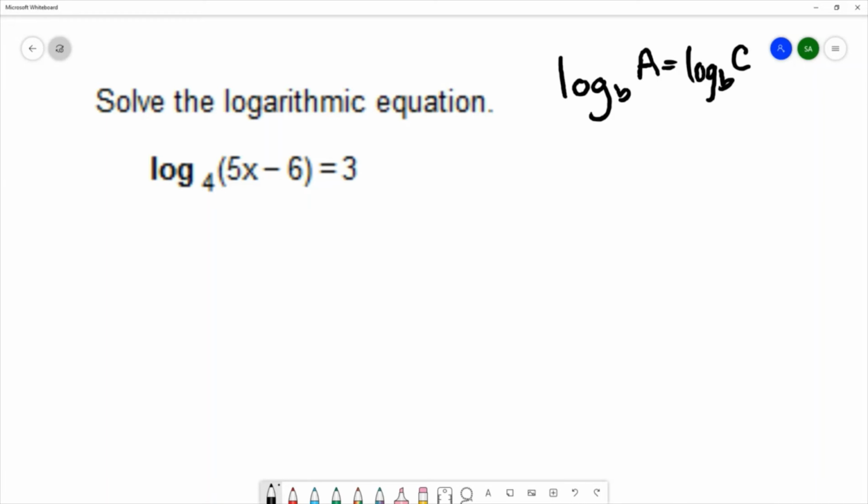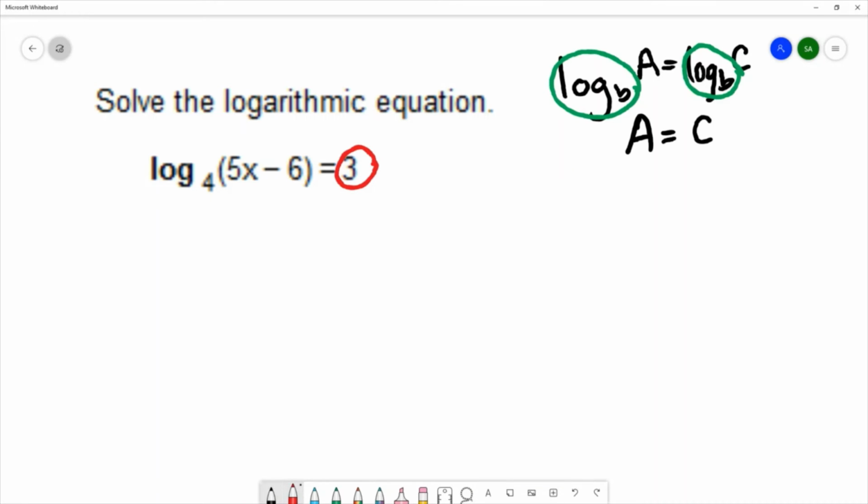So you have to have the log with the same base on both sides, and then you're allowed to simplify by saying what's inside the log on the left is equal to what's inside the log on the right. So that's one of the techniques that we typically use to solve logarithmic equations. We can't use that here because we don't have a log on the right-hand side of the equation.